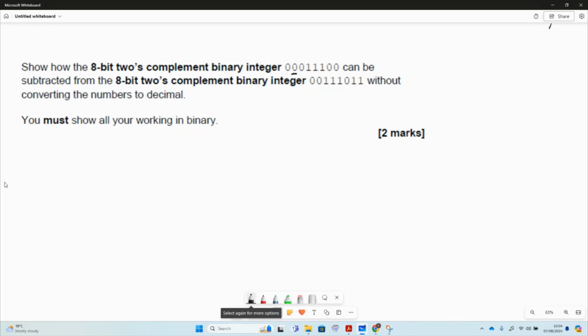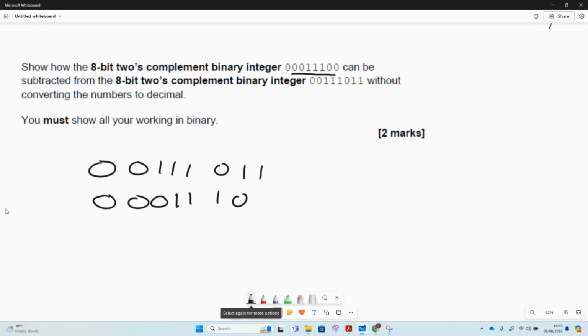How can this number be subtracted from this number? So the first number that we're looking at is 0, 1, 1, 1, 0, 1, 1, and we want to take away this number: 0, 0, 0, 1, 1, 1, 0, 0.